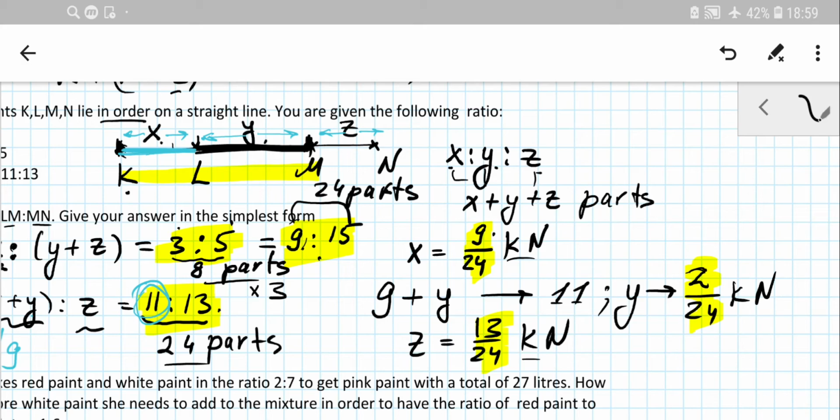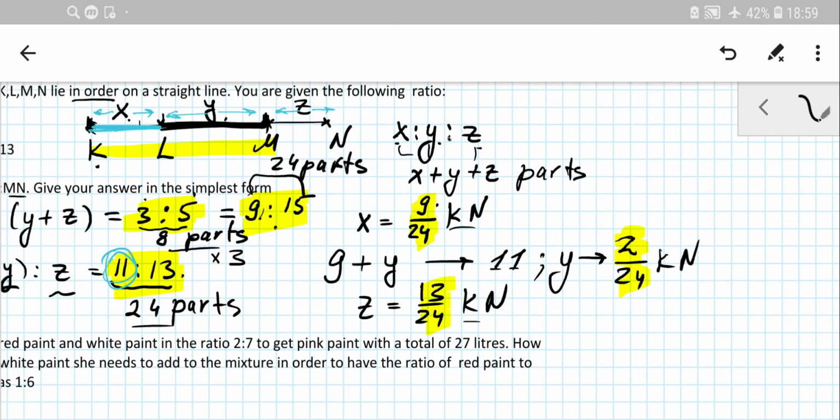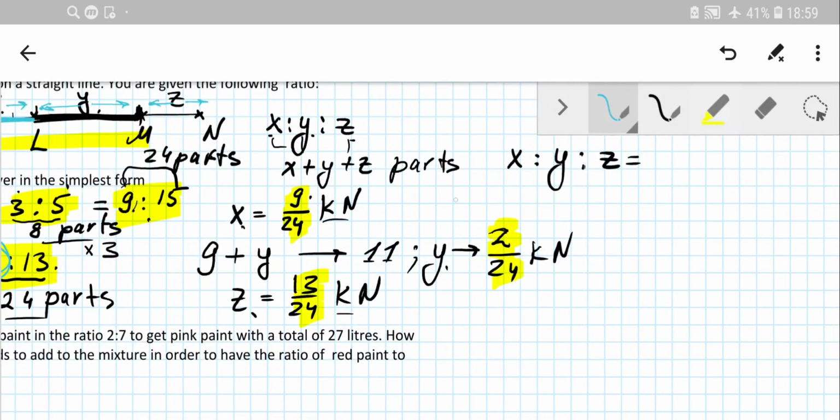And in order to find the ratio x to y to z, we simply take the following. So x, we divide by y and divide by z. So we set up this proportion x to y to z is actually, and now we're taking only the tops because the bottoms are all the same, and hence we can do that with no problem. So we don't touch the bottom part at all.